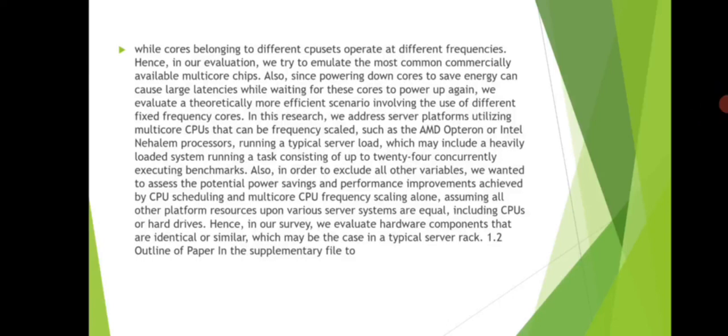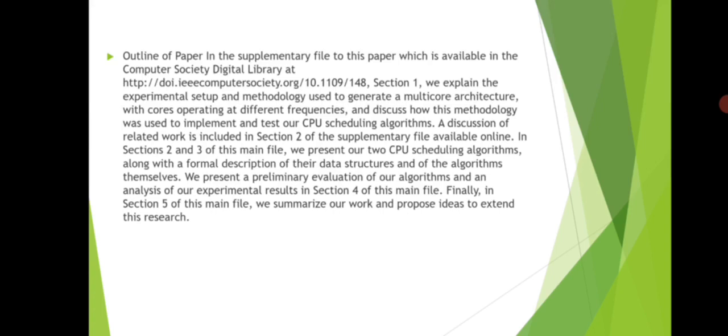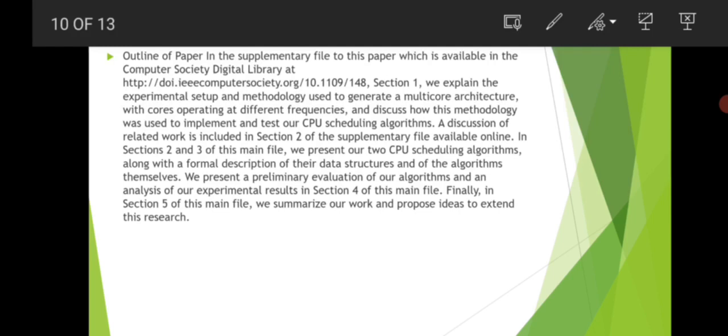Hence, in our survey we evaluate hardware components that are identical or similar, which may be the case in a typical server rack. Section 1.2 outlines the paper, with supplementary material in file 2. In Section 5 of the main file, we summarize our work and propose ideas to extend this research.